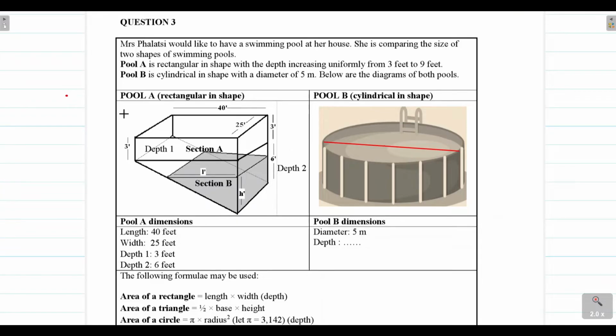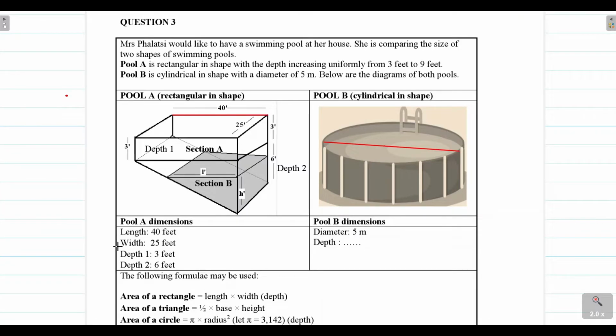So we've got the diagram for pool A, which is rectangular in shape, but we do see that we've got two types of shapes. We see that rectangular prism at the top, we see that triangular prism at the bottom. And then we've got pool B, which is a cylindrical shape. We're also given the pool dimensions. We are told that the length of pool A is 40 feet. So the length from there to there is 40 feet.